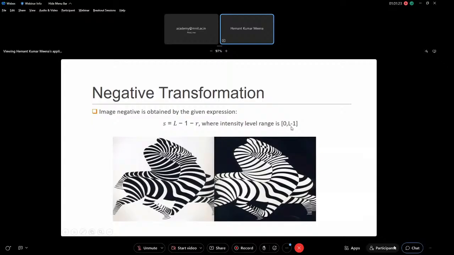This transformation takes place just by doing one operation at every pixel level. I hope everyone will be using MATLAB and Python, where you can easily execute these types of commands.